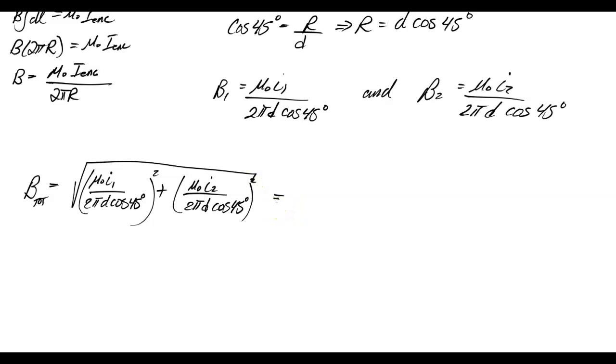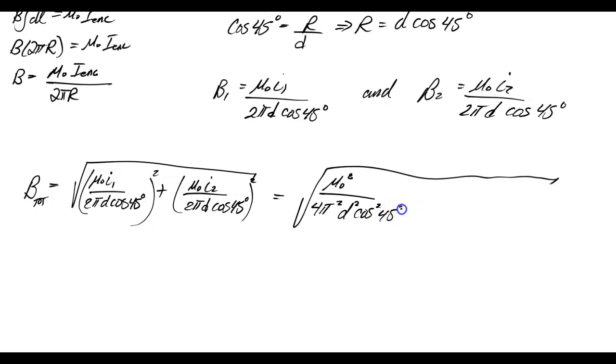And we can take a factor of mu naught squared over 4 pi squared d squared cosine squared of 45 degrees, and we're left with I1 squared plus I2 squared.